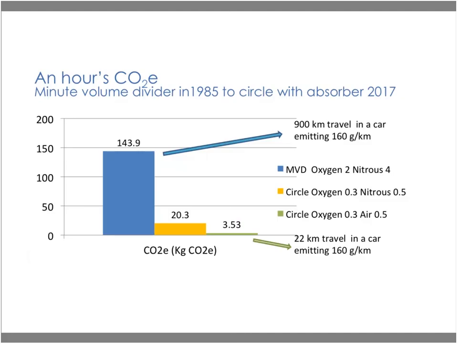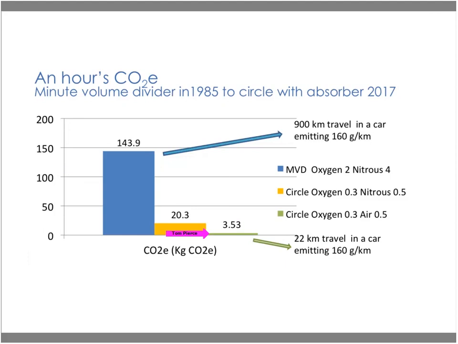If I was to look at my own practice over the last 25 or 30 years and contrast my anaesthetics that I used to give, when I would use oxygen and nitrous oxide in relatively high flows, I could model an example to show that I would perhaps have the equivalent of nearly 140 kilograms of CO2 equivalent per hour of my anaesthetic that I would have given in the year 1985. Contrast that now with my choice of anaesthesia.